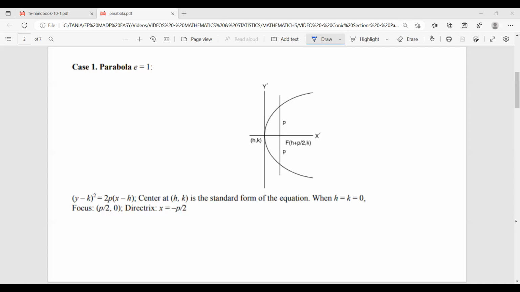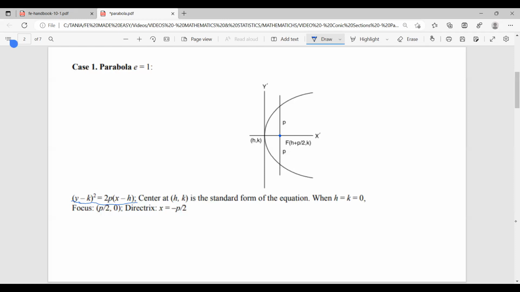So I'm just trying to talk about the relation between the focus and the directrix, which is not shown on the graph. If you're not familiar with the relation between directrix and focus, you would not know where this comes from. So I'm trying to show the directrix and the relation between the directrix and focus and come up with this formula so you know where it comes from.